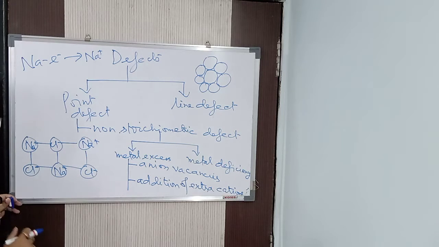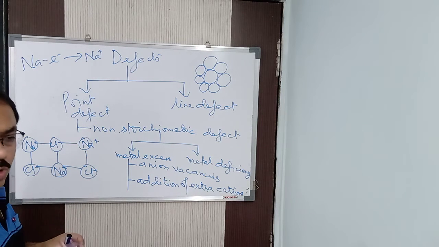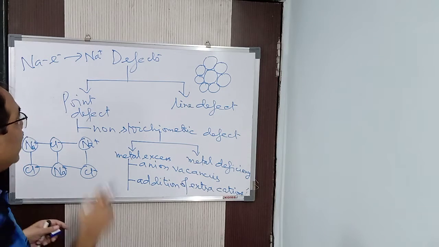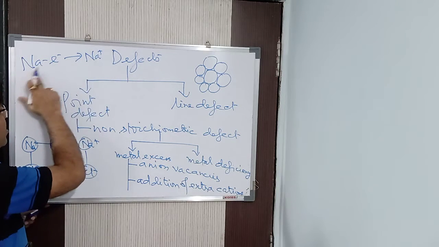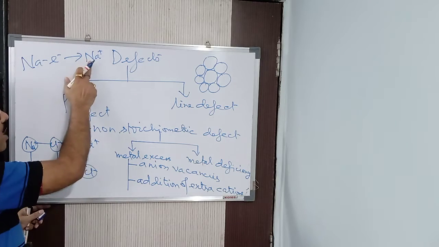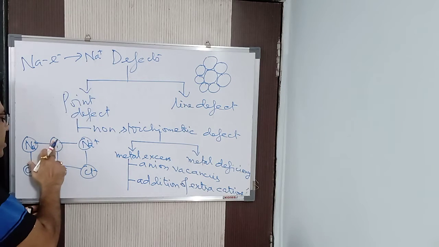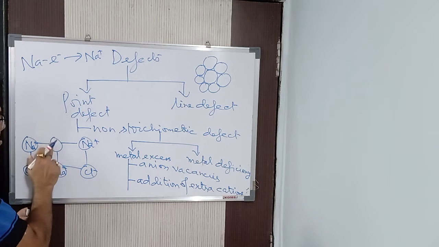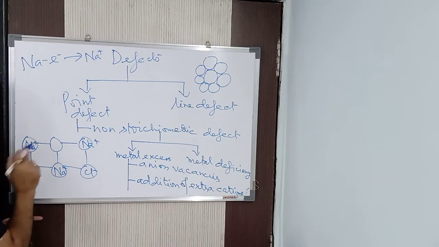The sodium atom cannot pull the chloride ion because it is neutral, so it has to be converted into a cation. It will lose an electron and become a cation. So this sodium ion can pull the chloride ion. Let us say it pulls this chloride ion towards itself. So a vacancy is created or not? An anion is gone, so an anion vacancy is created.